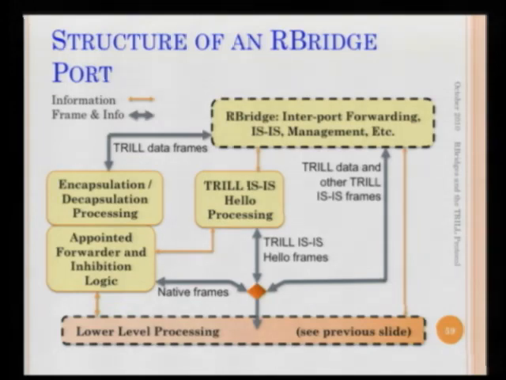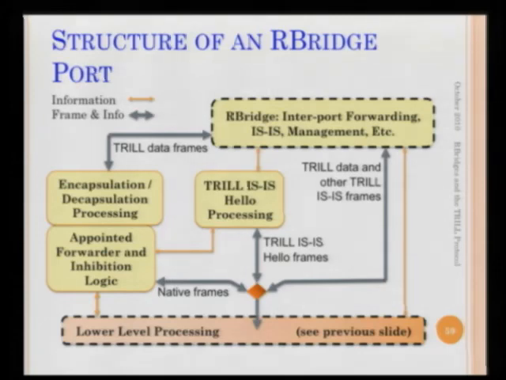Similarly, there could be data frames intended for local delivery that come down the left side. They get decapsulated. They can also go to this appointed forwarder logic. It's unclear why they would arrive there if you weren't appointed forwarder, but if by the time it gets down to the port logic you're not appointed forwarder, then you would not actually emit that native frame.